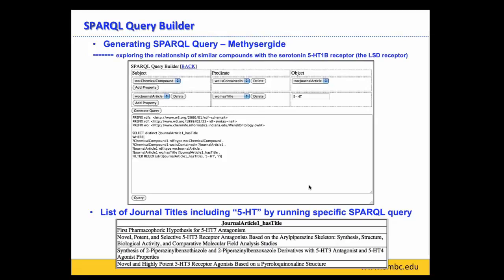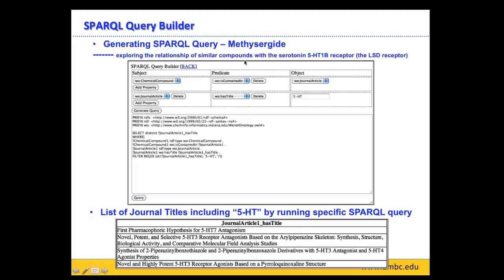We doubt most scientists will have such knowledge of RDF-OWL SPARQL queries. So we're thinking maybe we can provide them an interactive web interface to let them make their selection or customize their own queries.